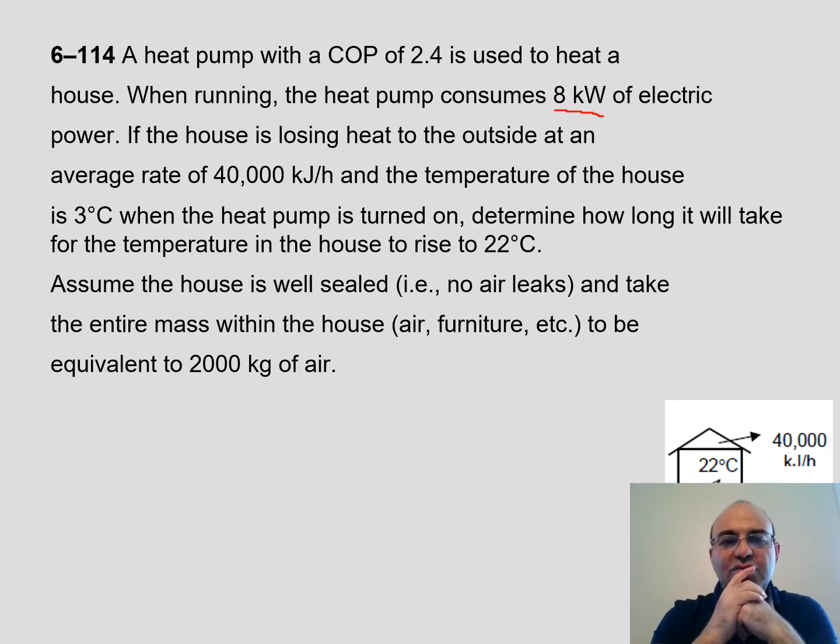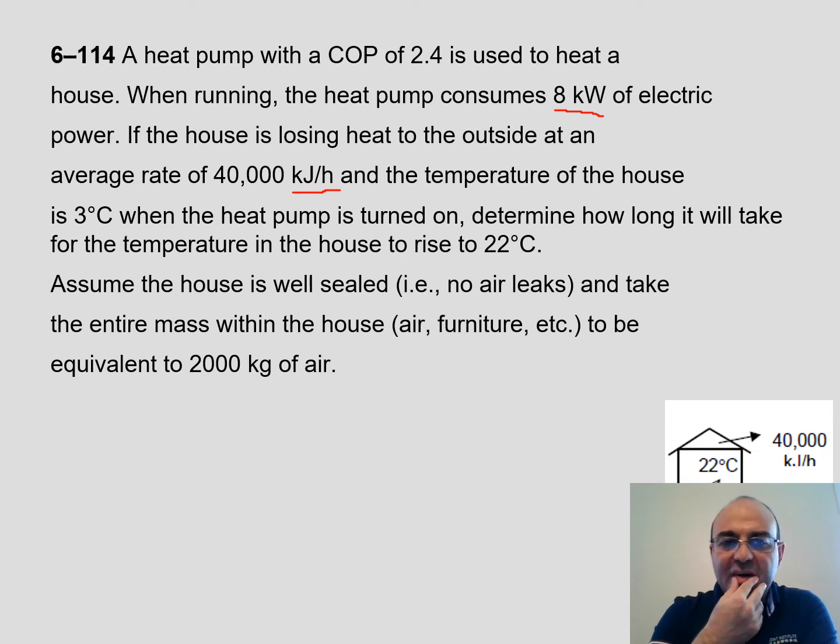There's no way to have a perfectly insulated house. During the process, this amount of energy is lost per hour. The power here in kilowatts is per second, but this value is per hour, so we need to convert it to per second so that everything is consistent.